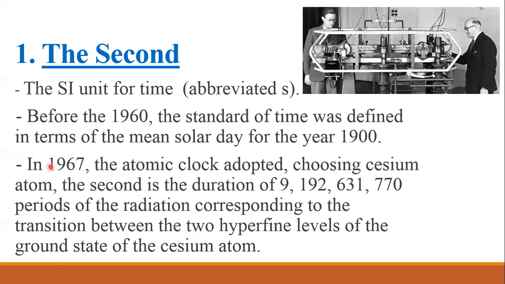Okay, so in 1967, the second was redefined as the duration of 9,192,631,770 periods of the radiation corresponding to the transition between the two hyperfine levels of the ground state of the cesium atom.